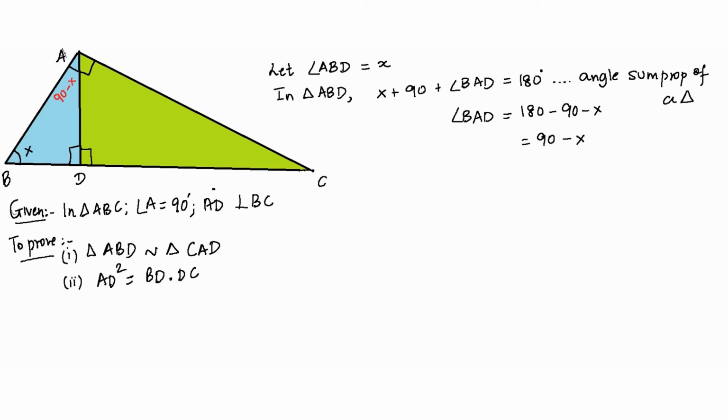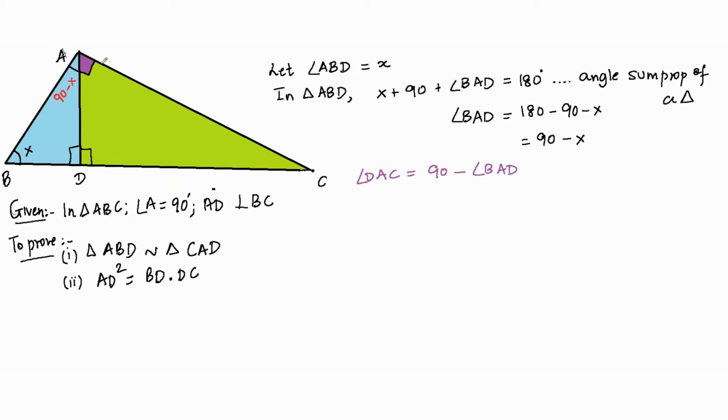And now I can figure out angle DAC. So I can say that angle DAC is this portion, right? This particular portion. I know that angle DAC can be written as 90 minus angle BAD, isn't it?